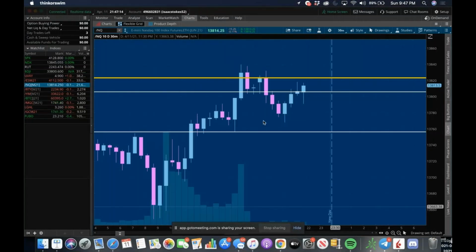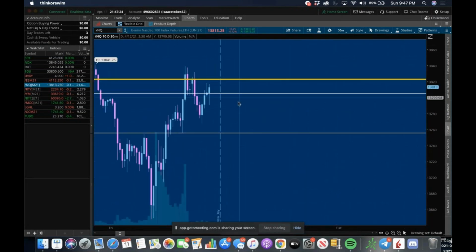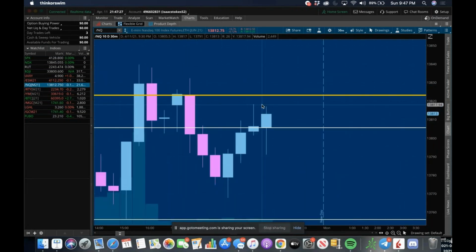Let's take a look at the NQ. What's our NQ doing? Oh my God, what a demon. As I'm telling you, this is why you don't trade Asia. Where could you have been right on any of this?